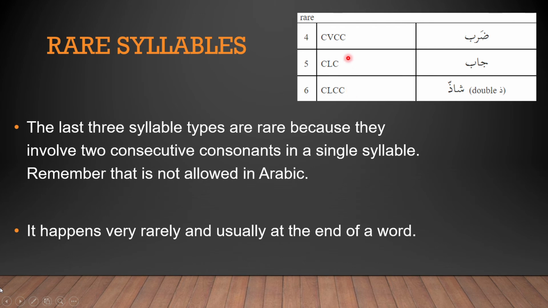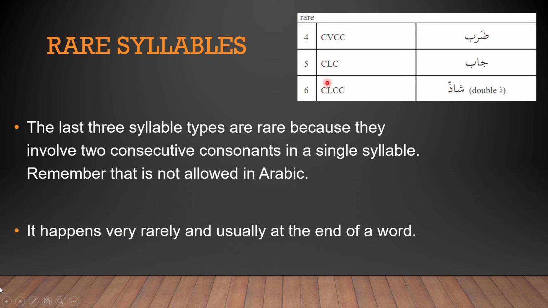Other than the long vowel and the short vowel which they use, they also have different requirements for the two consecutive consonants that come after it. This one has only one consonant and this has two consonants that come one after the other. So this is the difference between the 6 and the 4. And of course the syllable type 5 is very different because it already has a long vowel with it.